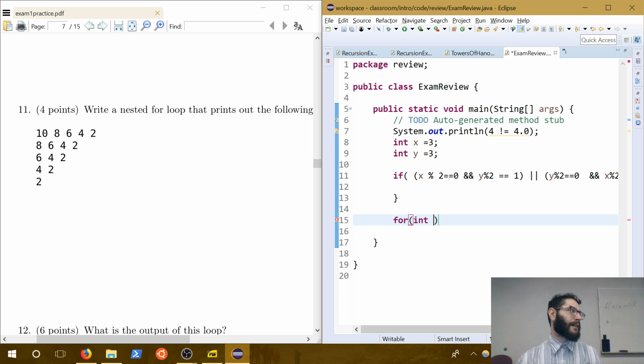How many lines are there? 5. 5 lines. So int i = 0; i is less than 5. You can also do less than or equal to 5 and start at 1 instead, right? Either of those are functionally equivalent in this case. i plus plus.